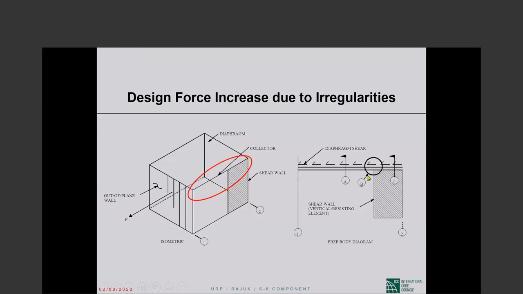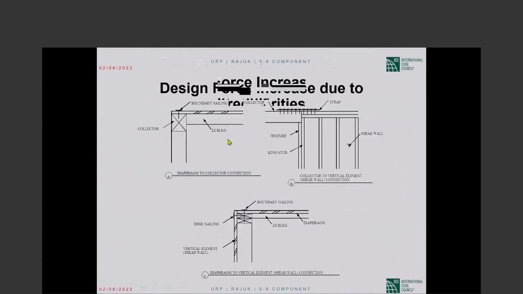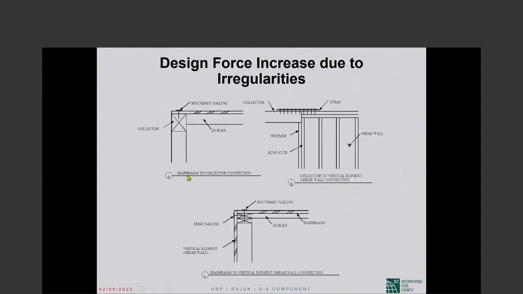Okay, are you with me? This is diaphragm to collector connection. This is collector to shear wall connection. And this is the diaphragm to shear wall connection, A, B, and C. So A is diaphragm to collector connection, as shown in the picture. Okay, this is the collector, this is the diaphragm.